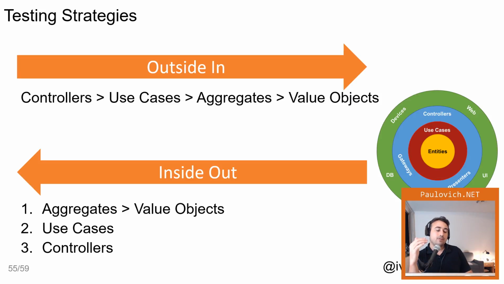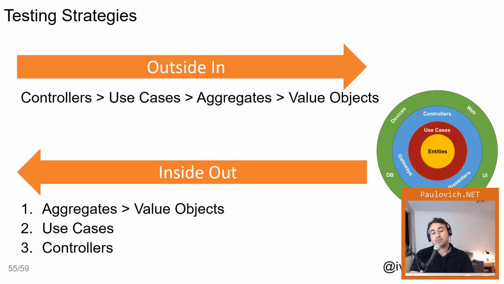At the moment you have an architecture like this clean architecture, you may design your testing starting from the controllers, like creating an acceptance test for the controllers, and then creating tests for the use cases, aggregates, and then creating the proper implementations until you reach the value objects. This is one approach of the outside in.